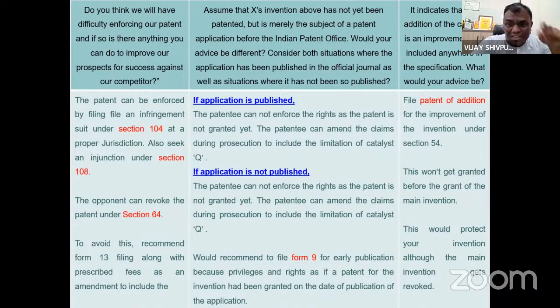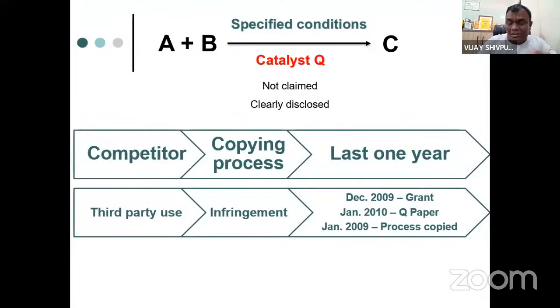Second, what is the counter argument for the competitor? Remember, in case of processes, the burden of proof is always on the infringer. The infringer would have to prove that their process is not infringing.